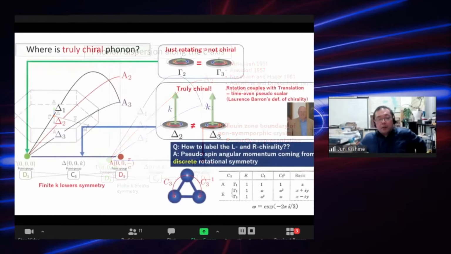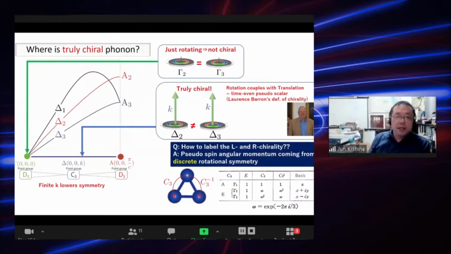But now let us have another look at this dispersion. So how does the concept of chirality enter here, at the gamma point 0, 0, 0? One longitudinal mode and two transverse modes exist here, but the two transverse modes are just rotating modes like this.